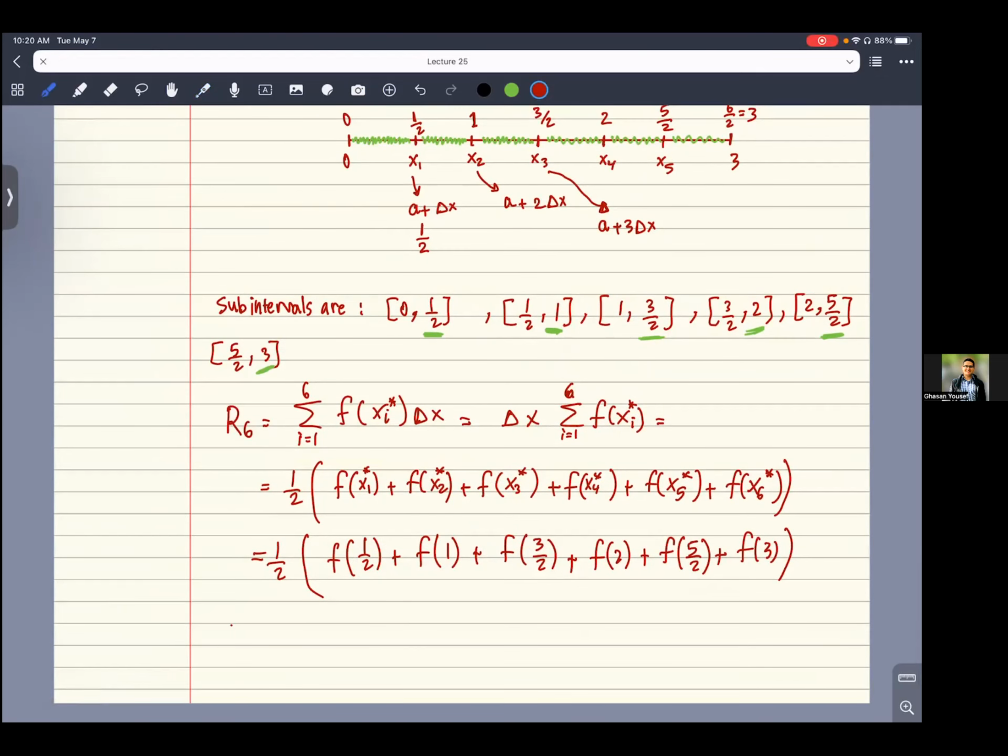Because I have the answer, you can repeat and check it yourself if you want. When you plug in 1/2, you get minus 2.875, plus f of 1, which is minus 5. f of 3/2 is minus 5.625, and f of 2 is minus 4, and f of 5/2 is 0.625, and f of 3 is 9.